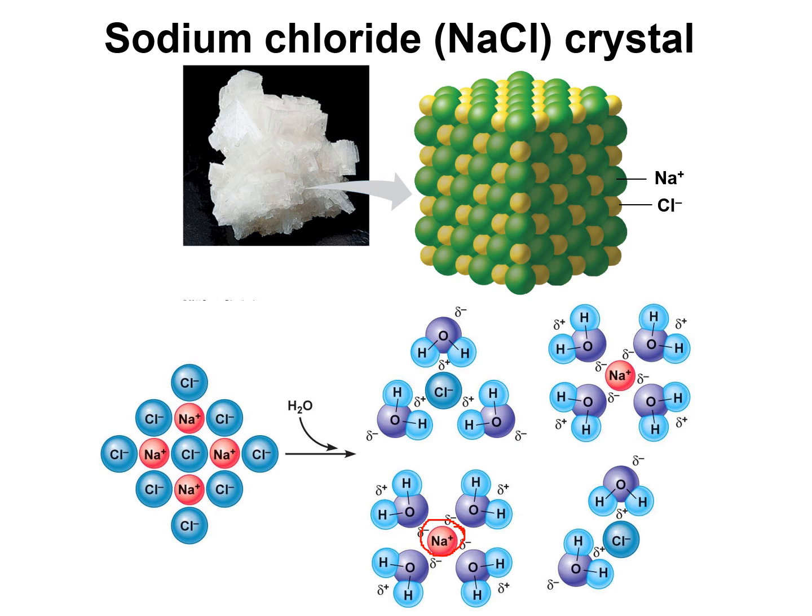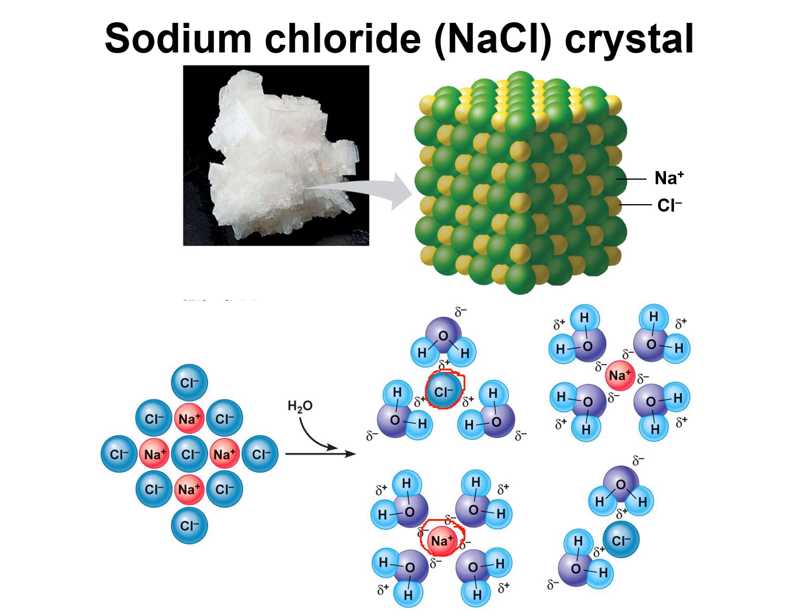And remember, oxygen is that electron hog. It's going to pull on the electrons more than the hydrogen atom does, and so you end up with this partial negative charge on the oxygen atom. And so that partial negative charge on the oxygen atom is going to be attracted to the positive charge on the sodium ion. And then the same thing happens with the chloride ion.